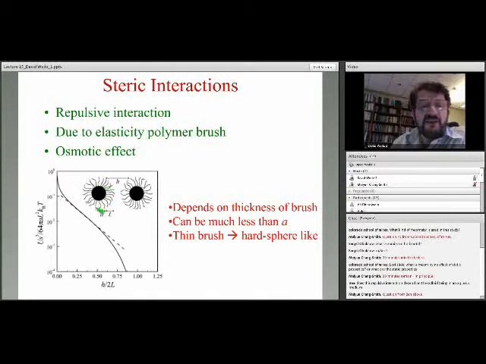But typically, say for micron-sized particles, the size of a brush might be a few angstrom, a few nanometers, and so it may be between 1/10 and 1% of the radius of the particle, and that begins to look very much like a hard sphere interaction, but the stabilization comes from the presence of this polymer brush on the surface of the particles, assuming there's no charge in this case.